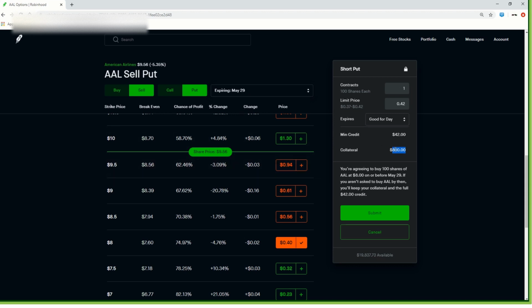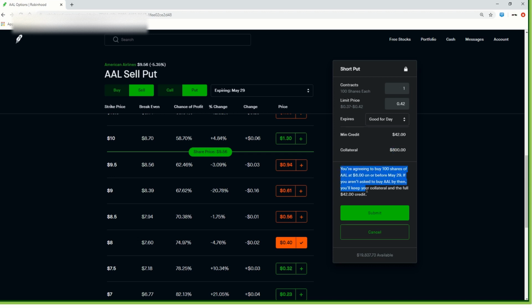And if it does, then we'll be getting 100 shares for $800, and we'll be getting $42 credit right now. Now, if the share price never reaches $8 by May 29th, we'll get to keep all of our credit, which was $42, and they will release our $800 collateral on May 29th, 4 p.m. if the share price is above $8.